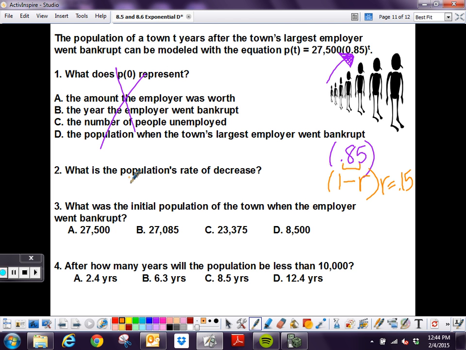Kind of a tricky question. So you've got 15% was the rate. What was the initial? So you know the initial is that A value, that number in front. So that's 27,500. Okay, and we are not going to answer number 4.